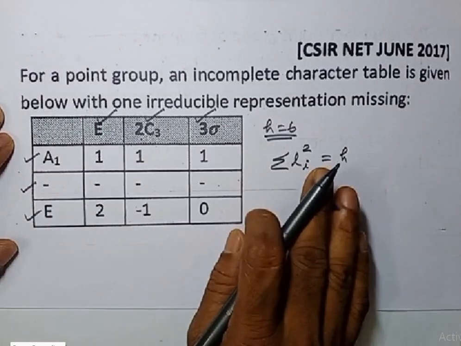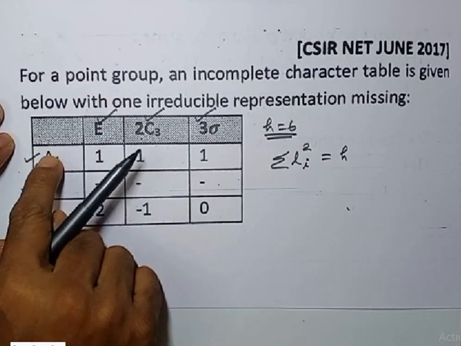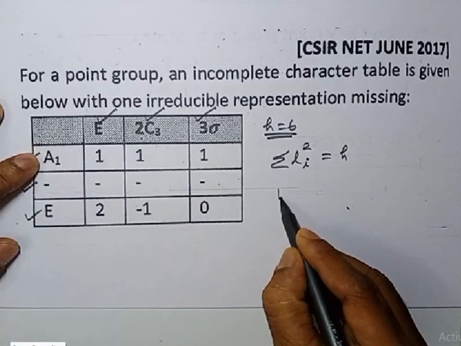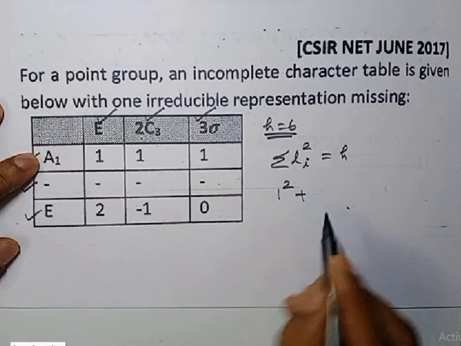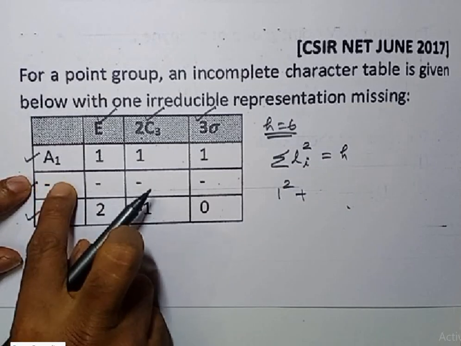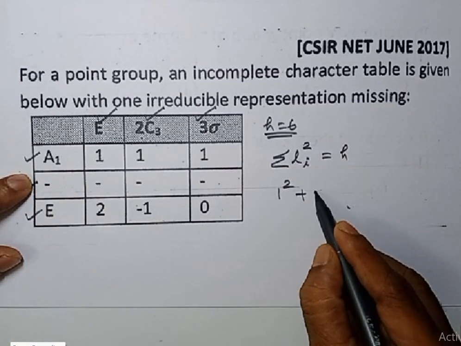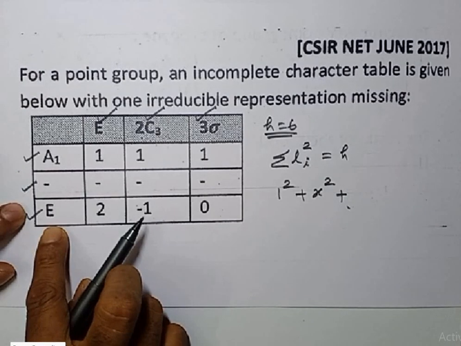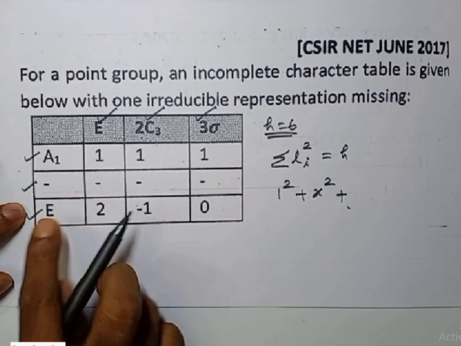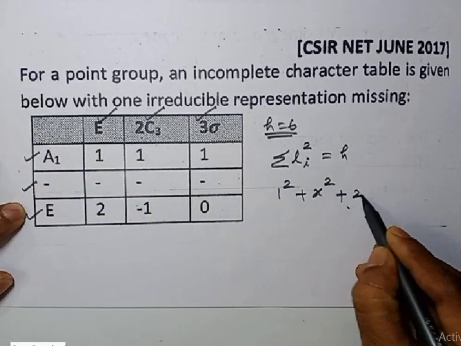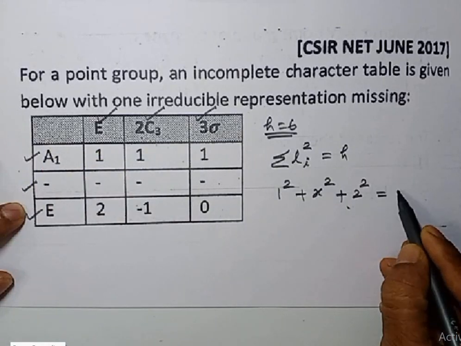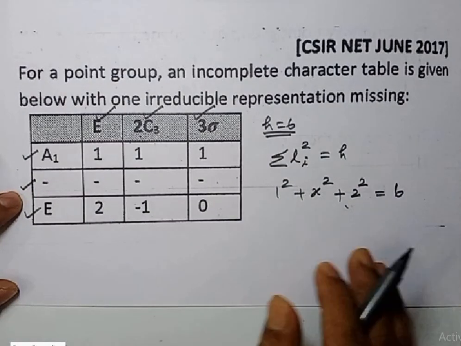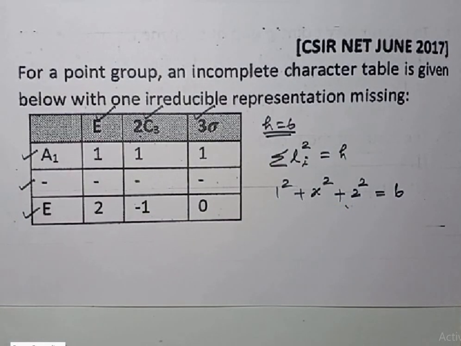So listen carefully. A1 means one dimension, so 1 squared, plus for the second irreducible representation, which we don't know, let me put x squared, plus the third one, E, which is 2 dimension, so 2 squared. This should be equal to 6. Can anyone tell me the possible value of x?